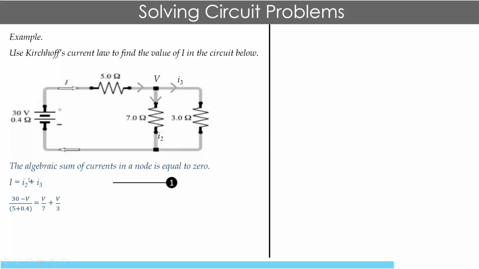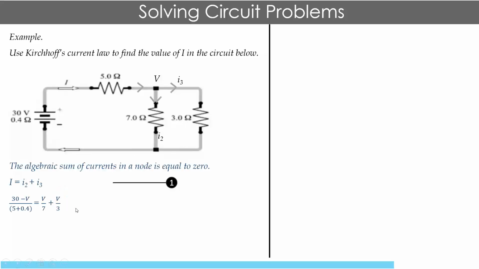Now what is I2? I2 is going to be equal to the current that passes through the 7 ohm resistor, and that is going to be equal to V divided by 7. That's I2. Plus, what is I3? Now, the same voltage will pass through the 3 ohm resistor. So I3 is going to be V over 3.